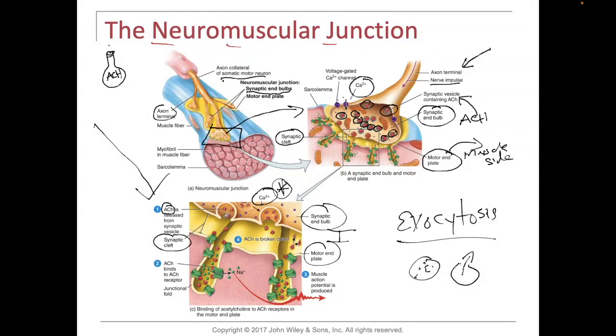In this case, calcium is affecting the vesicle. It's going to allow the acetylcholine to move through the synaptic cleft, where it is going to bind, number two, to an acetylcholine receptor.